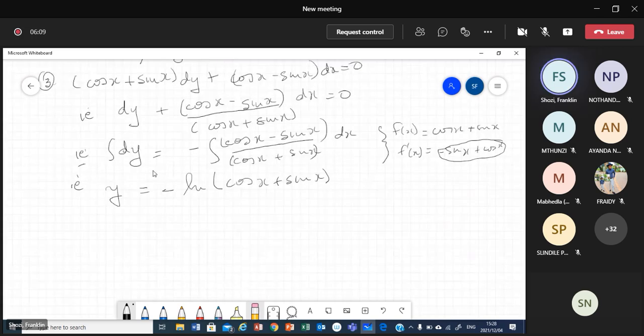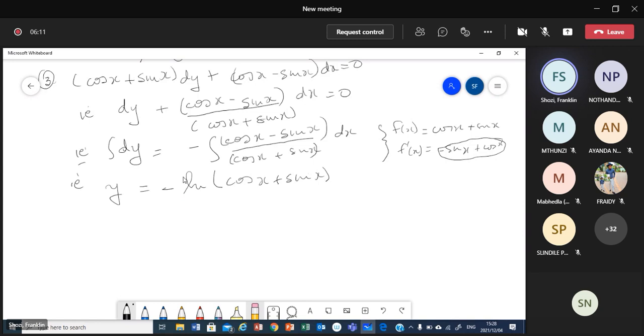Now, you know how to treat that, of course, constant c. There's some constant c. Now, I can play around with this. I can transpose c and be left with minus ln of cos x plus sin x.